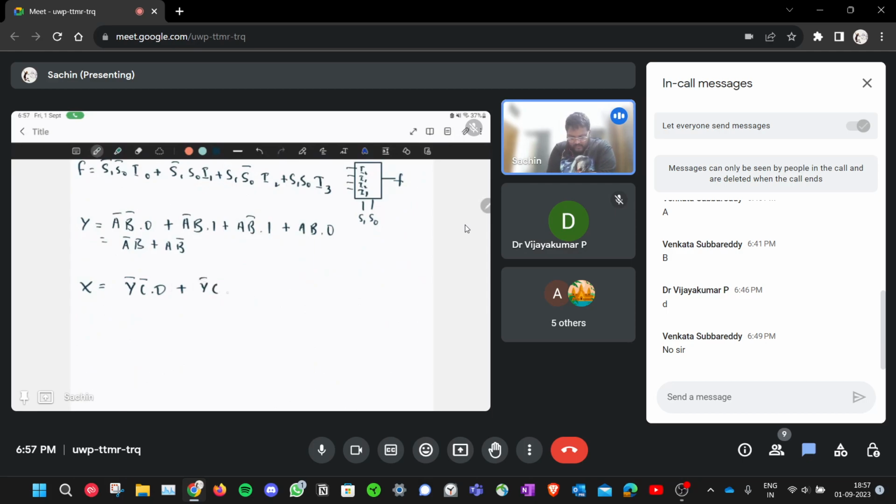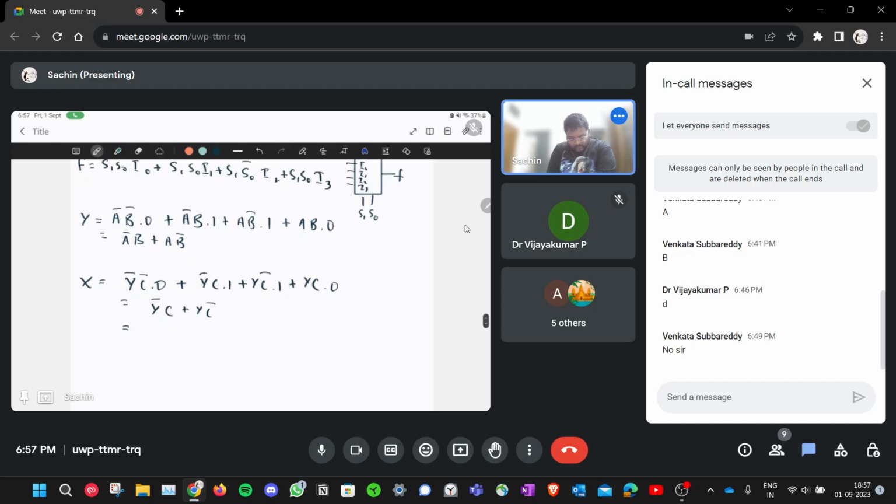Y bar C 1 plus Y C bar 1 plus Y C 0. So it's Y bar C plus Y C bar, and we substitute for Y in terms of A and B. It's the complement of A bar B plus A B bar, times C, plus A bar B plus A B bar, times C bar.